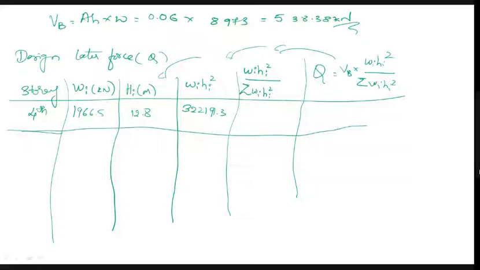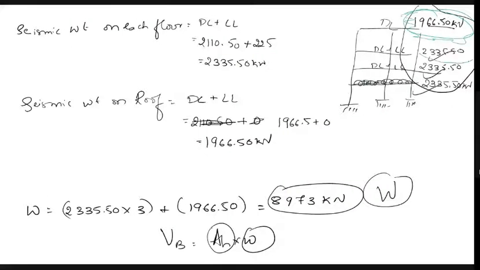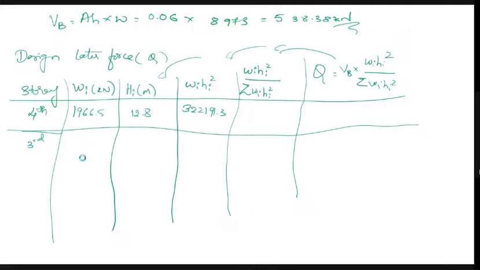Okay. Now, third floor. What is the weight here? You can see it is 2335.50. Okay, write down here 2335.50. What is the total height from the bottom? It will be 9.6. Here if you multiply, it will be 215,239.68.